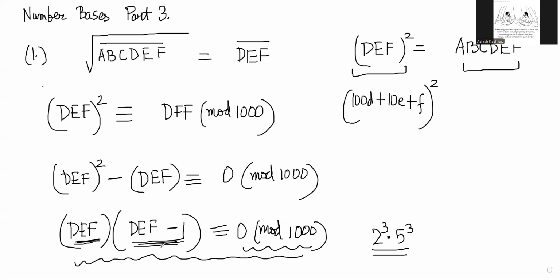It cannot be a mixture of the two. 2 and 5 cannot come here and 2 and 5 cannot come here, because if they are co-prime, you cannot have common factors. So one number has to have all the 5s, and the other has to have all the 2s.